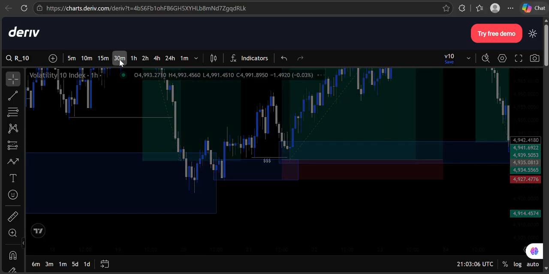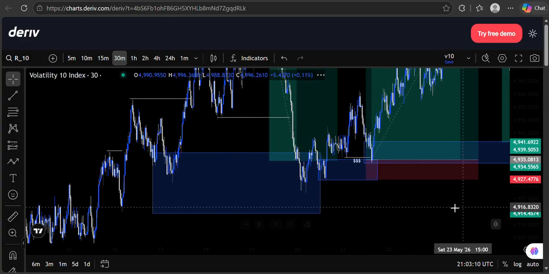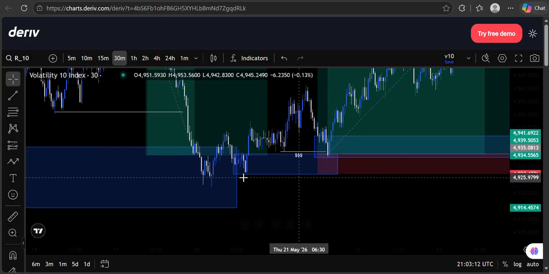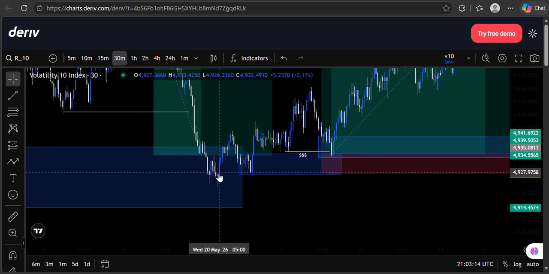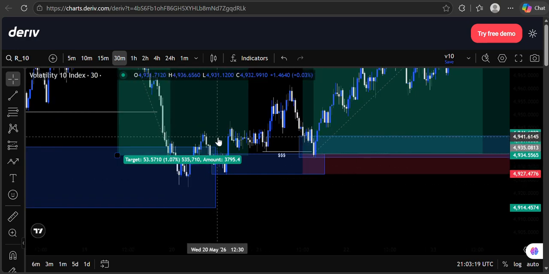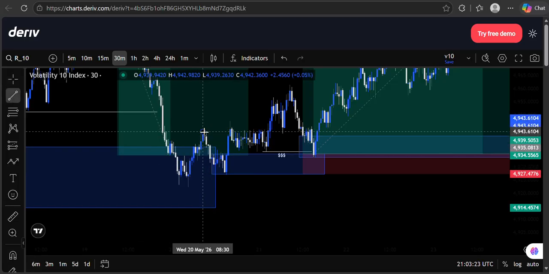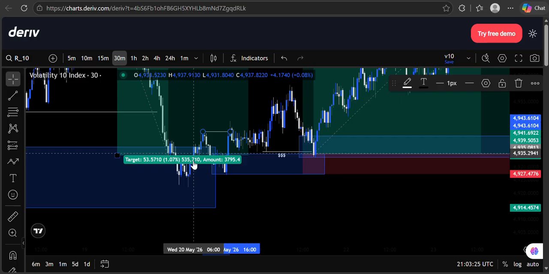If I come down to our 30-minute time frame, we're going to see something very important. The moment price tapped into this zone, it broke structure to the upside, right here.